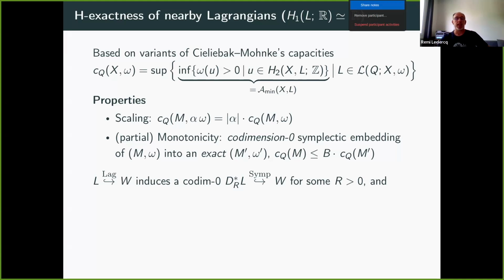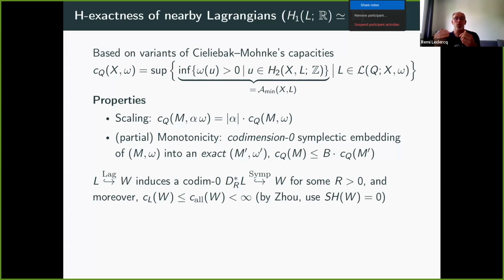And also I said W has symplectic homology 0. So then you invoke this deep result by Zhu, saying that this capacity, which I wrote C all of W, is finite.